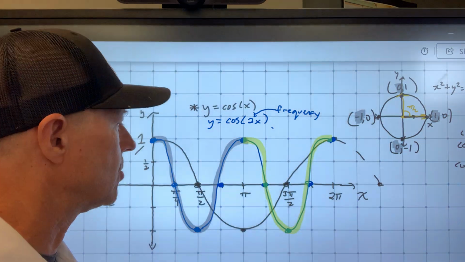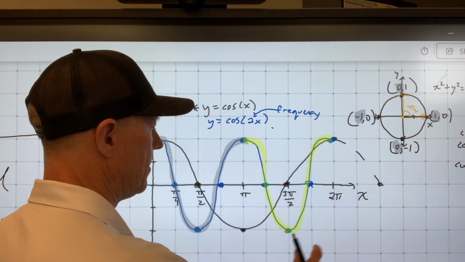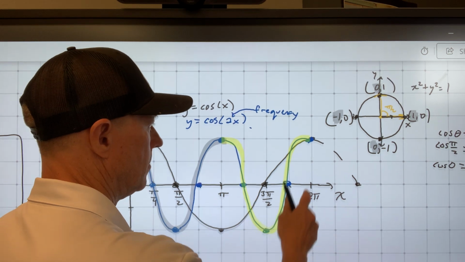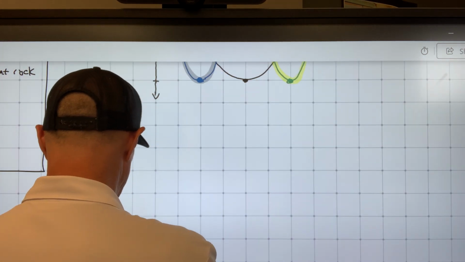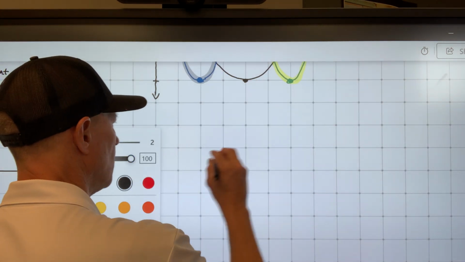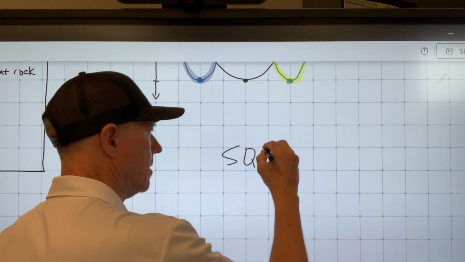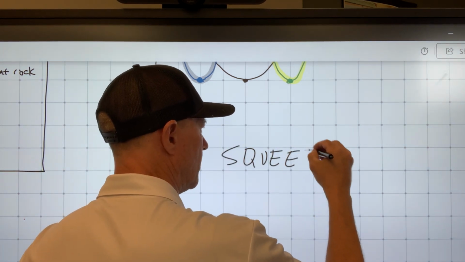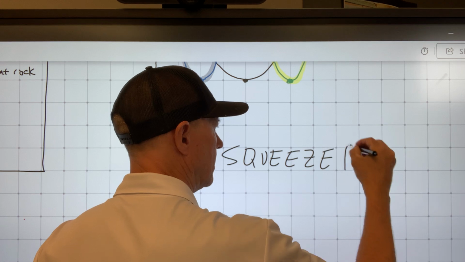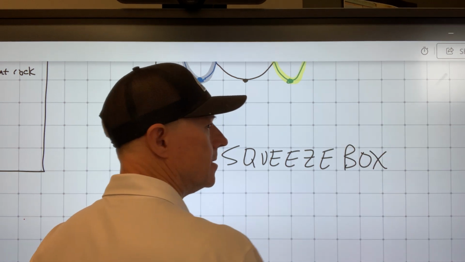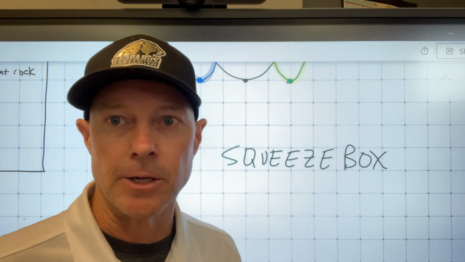We're going to call that the squeeze box theorem. So let me lift this up and let's write down the squeeze box theorem. Why are we calling it the squeeze box? Well, do you know what squeeze box is? It's a slang term for the instrument, an accordion.